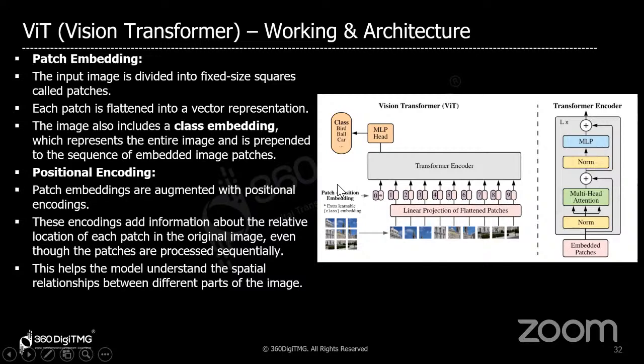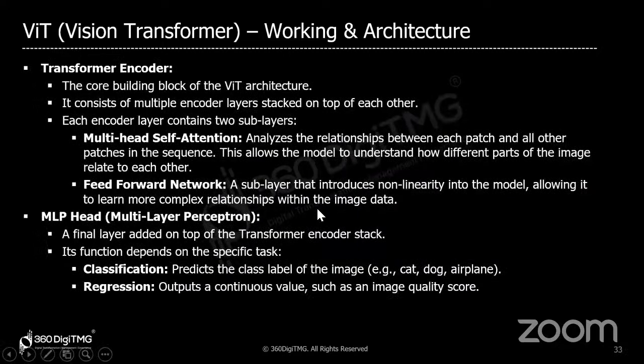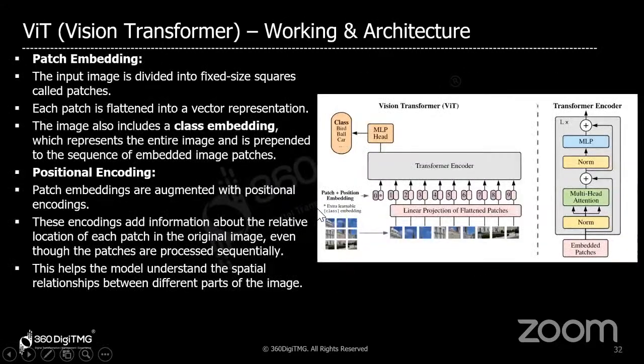After that, the image also includes a class embedding. Whatever the class is, we want that class also to be learned according to what is in this patch, this patch, this patch, likewise. Like class can be bird, ball, cat, and so on.